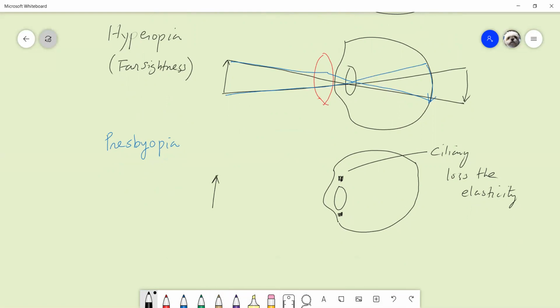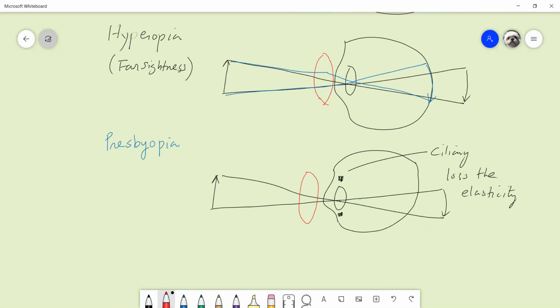When you look at it, the image is always forming behind the retina. The reason is you lost control of the lens. Now how are you going to correct it? The same idea: you put a convex lens in front.